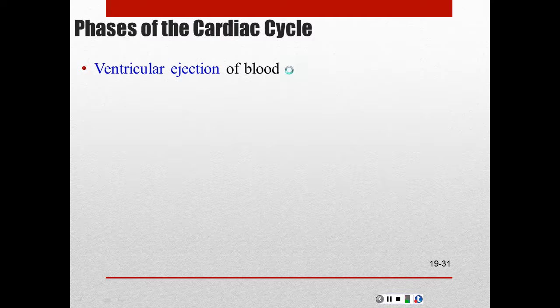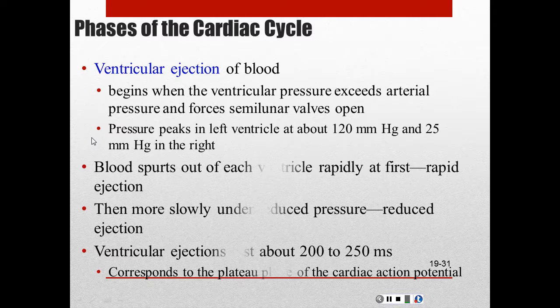So after that, we have our ventricular ejection of the blood, and this begins when the ventricular pressure exceeds the arterial pressure. So there's more pressure in the ventricles, and that forces the semilunar valves to open.